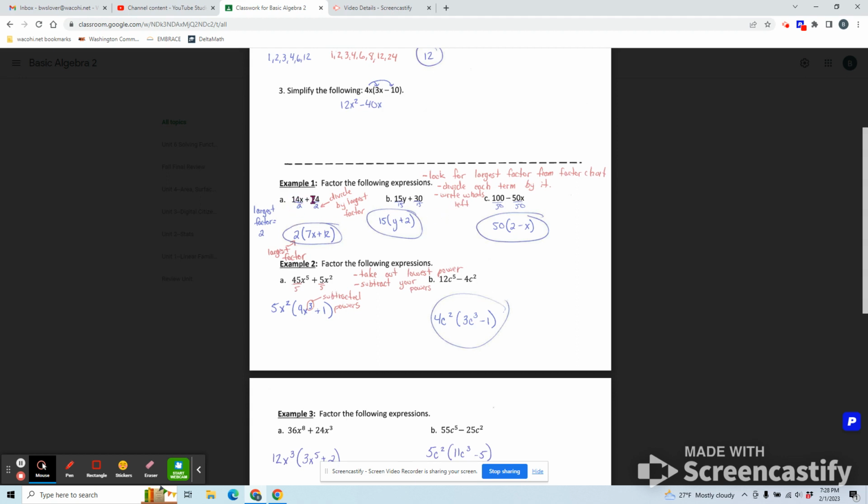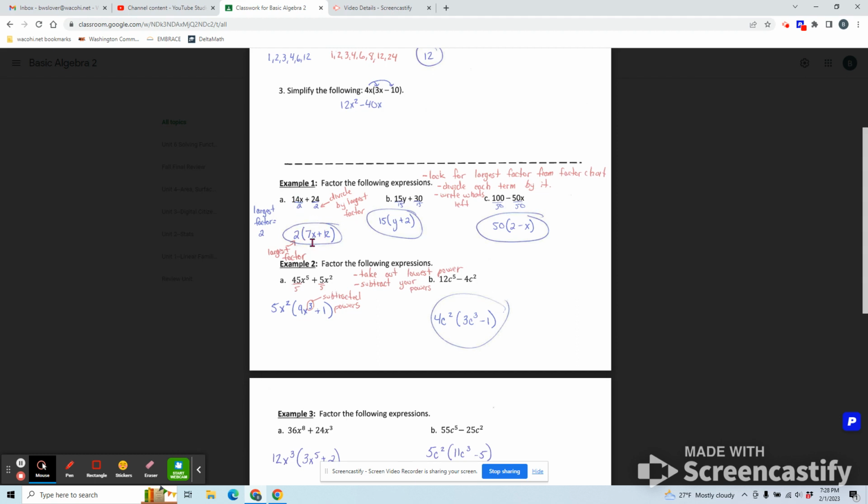14x plus 24. My greatest common factor, or the largest factor, is 2. That goes on the outside of my parentheses. Now I'm going to divide each term by my greatest common factor, just like it says here. 14x divided by 2 is 7x.